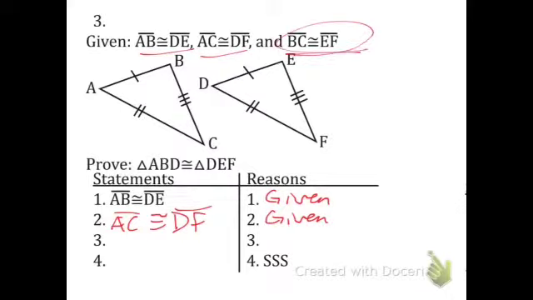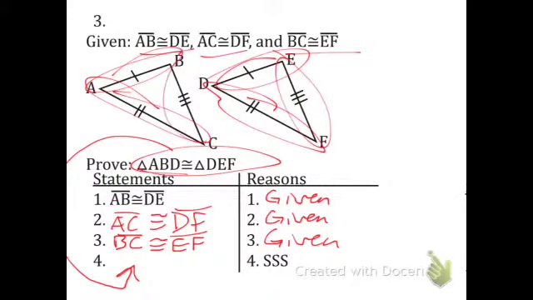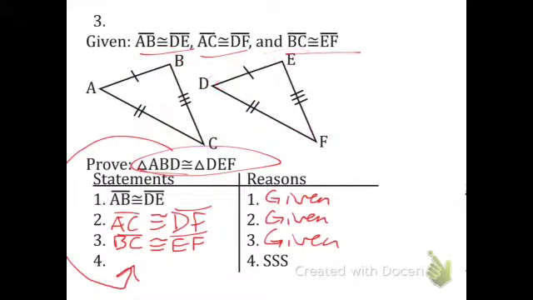And then BC is congruent to EF. And that's also a given. So once we have that, we can actually put that statement right there. And that's proven by side, side, side, because the pairs of sides match up, just like that. Okay.